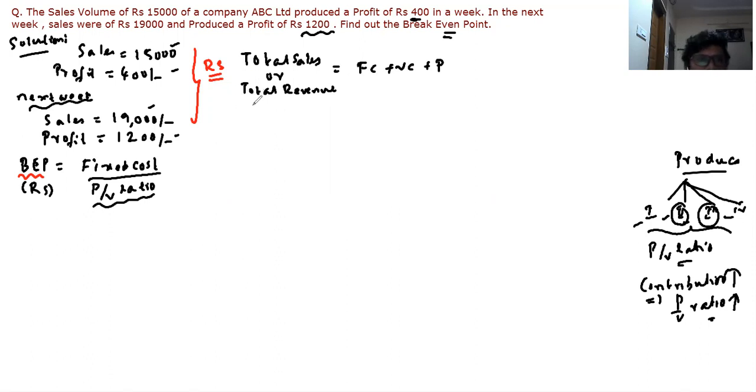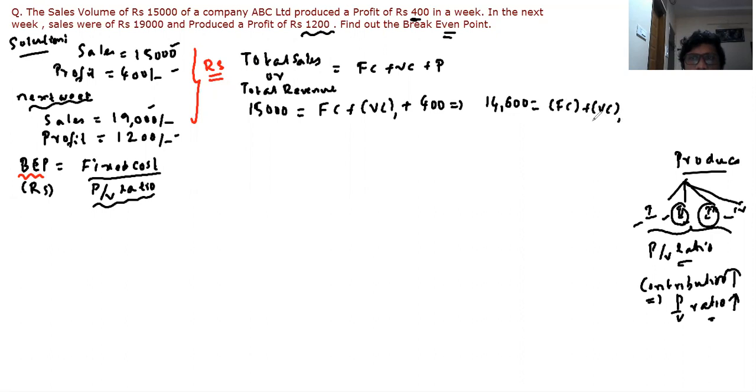So in the first week, the sales is 15,000, which equals fixed cost, which we don't know, plus variable cost in that week, which I'm writing as VC1, plus the profit of 400. From this, we can write 14,600 equals fixed cost plus variable cost VC1. Let us keep this as the first equation.